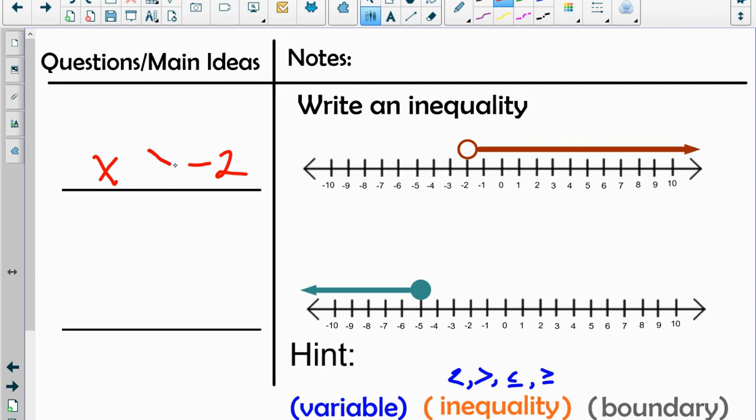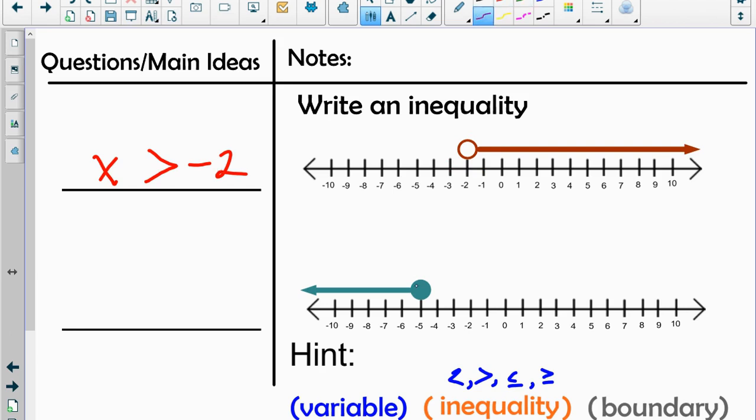So I want to draw my inequality that points to the right. That's my greater than symbol. Then I notice that my boundary is not actually a solution. It doesn't equal -2 because it's not filled in. So I do not use the equals bar on my inequality. It's just x is greater than -2.